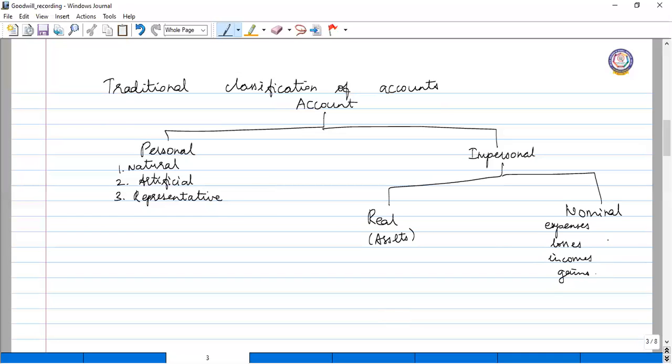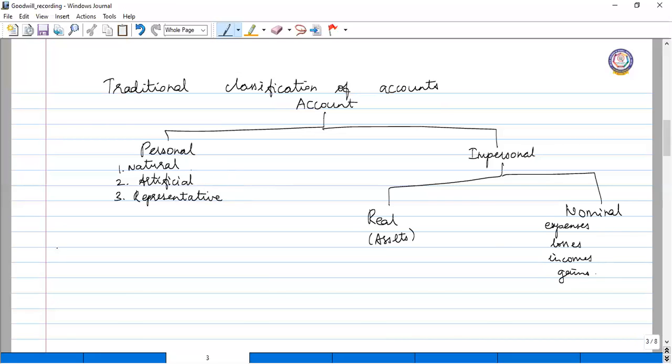So if we have in a transaction the name of a person, a firm or organization, or something pertaining to a particular person, we bring it under personal account. All assets are brought under real account. And any expense, loss, income or gain is classified under nominal account.